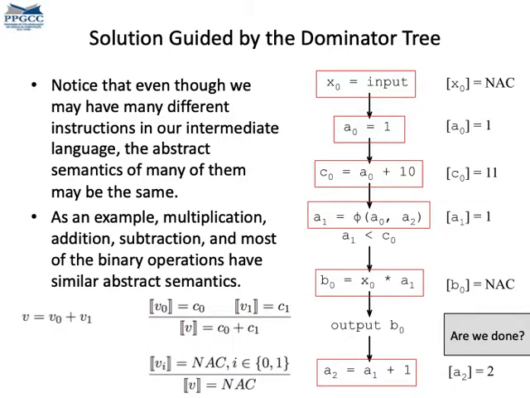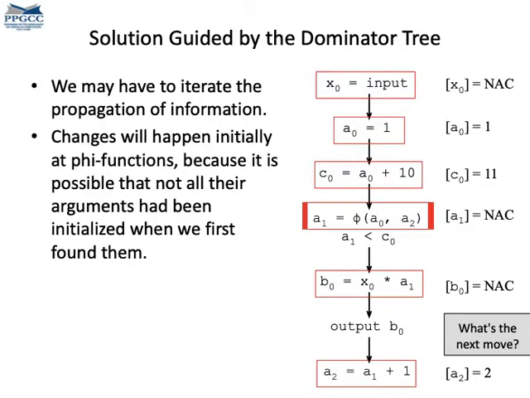Once we interpret the assignment A2 equals A1 plus 1, then we get that A2 will be associated with the abstract state constant 2. But now we have that A0 is 1 and A2 is 2. The meet of these two abstract states will be NAC, and so this becomes the state of A1 in the definition of the phi function.